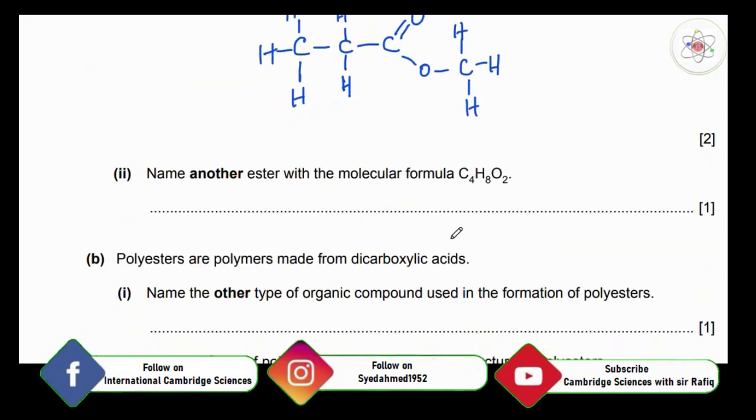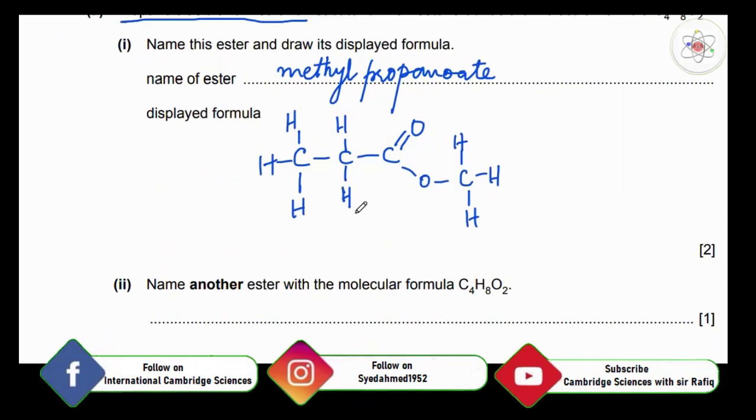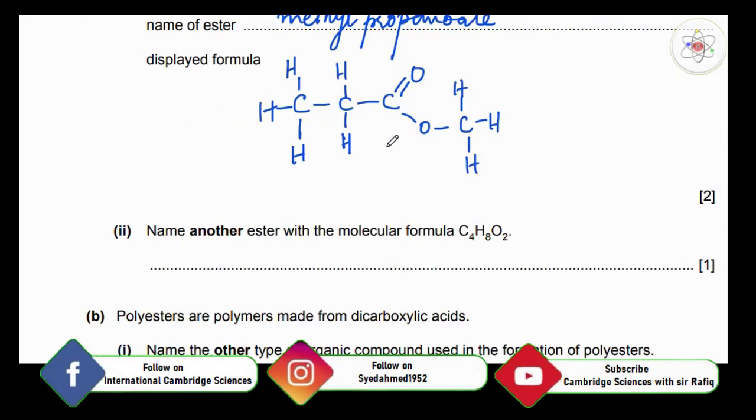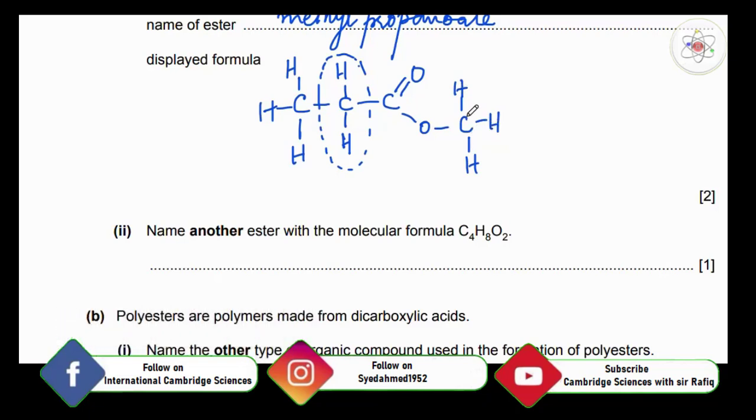Name another ester with the molecular formula the same, meaning C4H8O2. This is the same molecular formula. So how can you write the name of another ester? So let us understand, if we take 1 carbon out from the propanoate and cut and paste it over here, the methyl group will become an ethyl group, right?